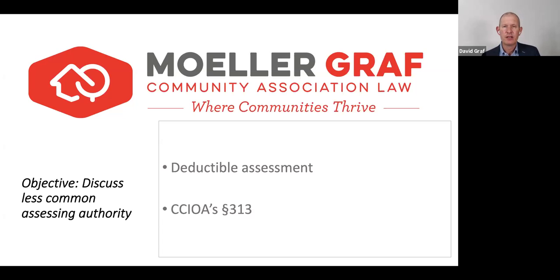So we don't want to have insurance policies at variance with the requirements of our governing documents, because ultimately what we want to do, if we can, we have a deductible. We want to be able to levy that to the owners and give the owners a good, meaningful opportunity to get that covered under their own HO6 policies.